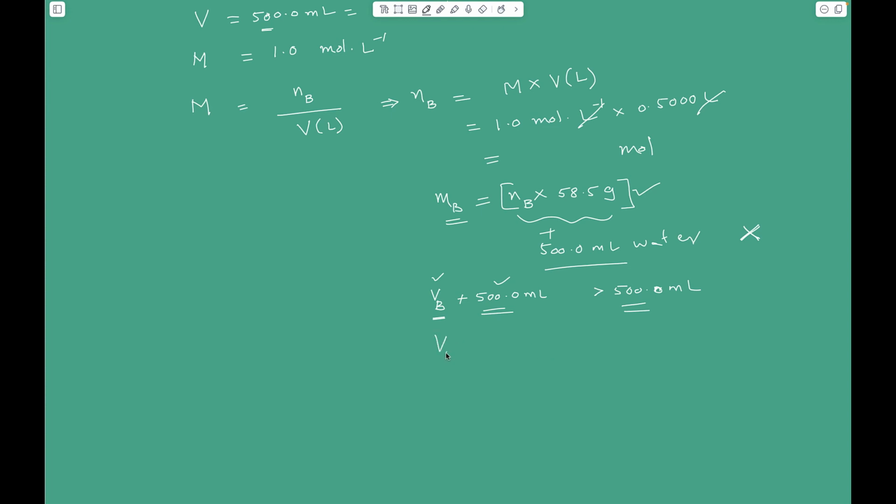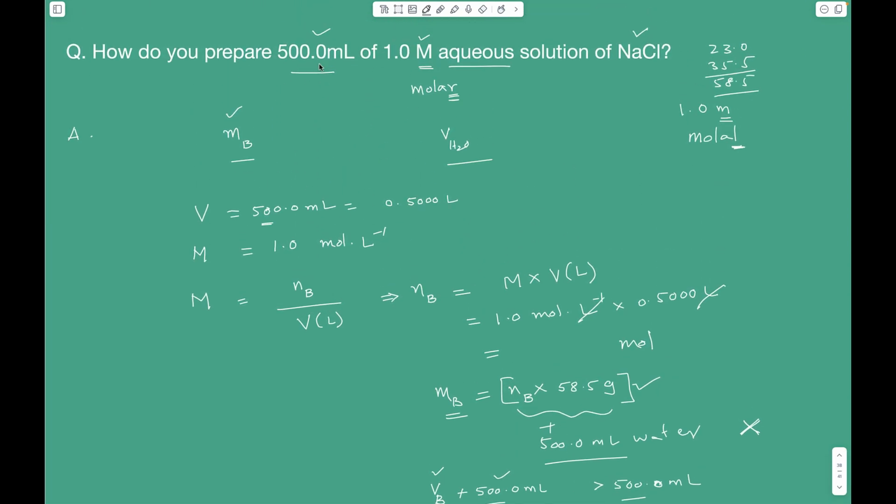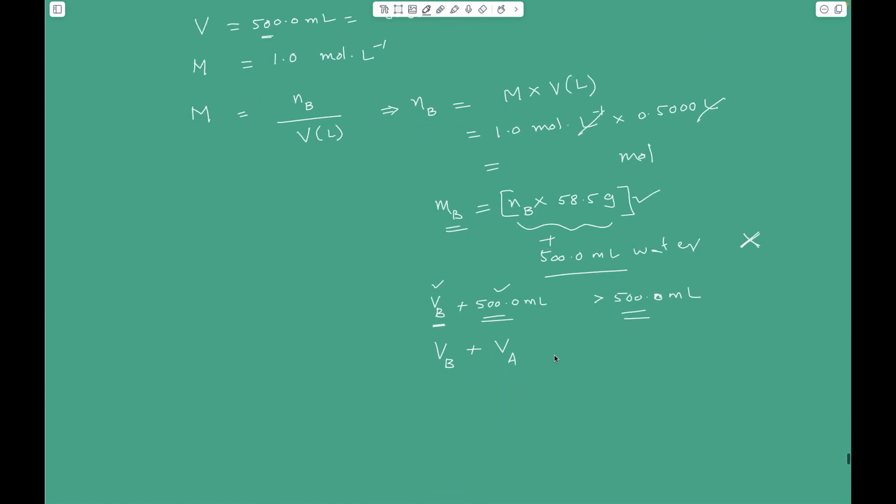Let us say the volume of the solute is VB and the volume of the solvent needed is VA. Because we are preparing 500 milliliters of the solution, our intuition says that VB plus VA must be equal to 500 milliliters.